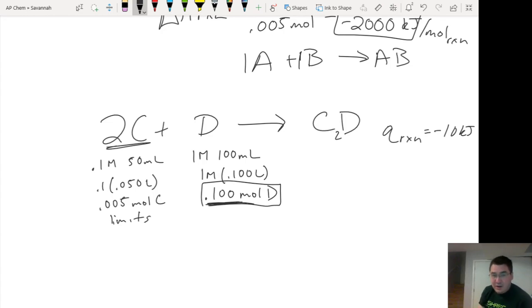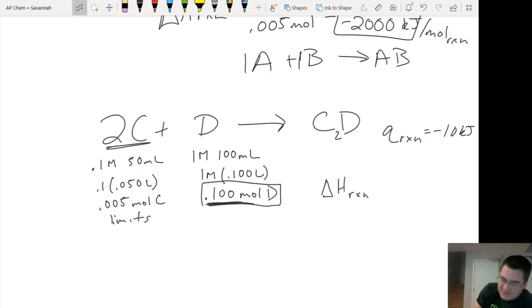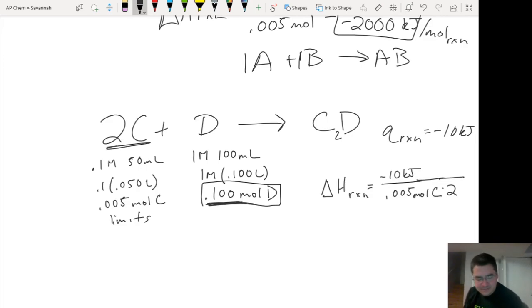So in that case, to calculate delta H, I would take negative 10 kilojoules divided by 0.005 moles of C, and I also need to divide by the stoichiometric coefficient.